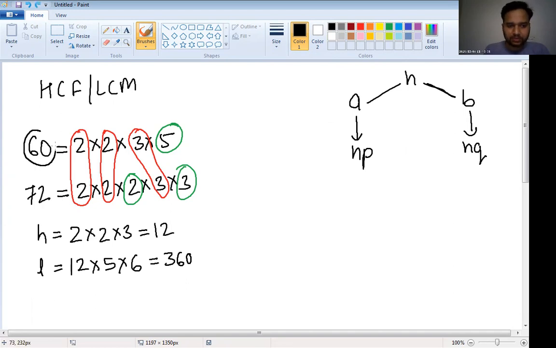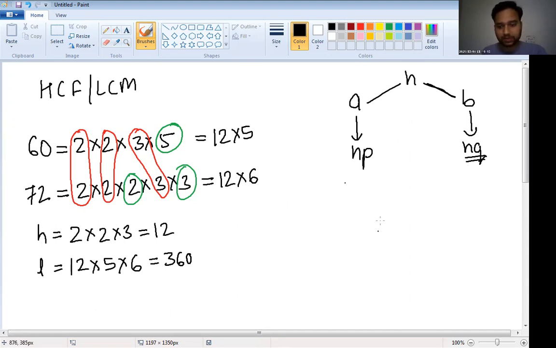If we take two numbers as 60 and 72, that we have taken here as A and B, can I write 60 as 12 into 5, HP form, and can I write 72 as 12 into 6, HQ? I hope you are able to compare the right side with the left side.